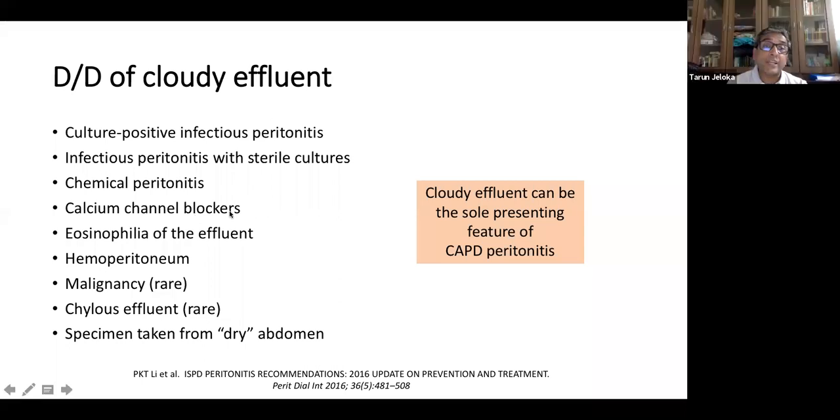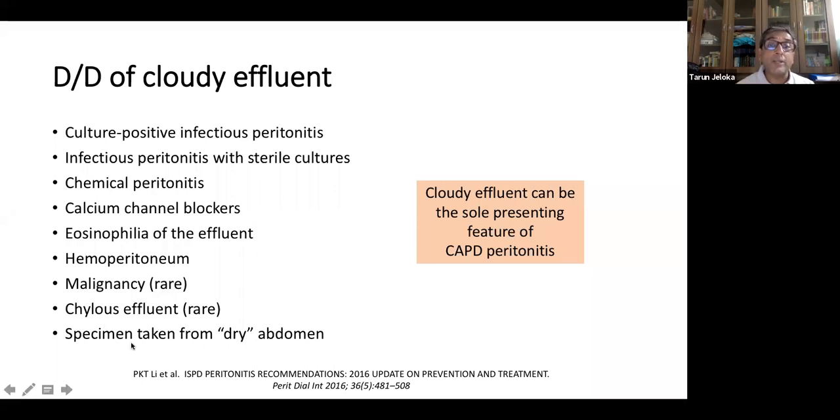Certain drugs like calcium channel blockers can also sometimes make the PD effluent cloudy. Eosinophilia, for whatever reason, and bleeding into the peritoneum. The most common cause of hemoperitoneum in females is the menstrual cycle. So menstruation can lead to hemoperitoneum. Otherwise, trauma or infection itself can lead to hemoperitoneum. Sometimes hemoperitoneum may be the initial sign of EPS, encapsulating peritoneal sclerosis.